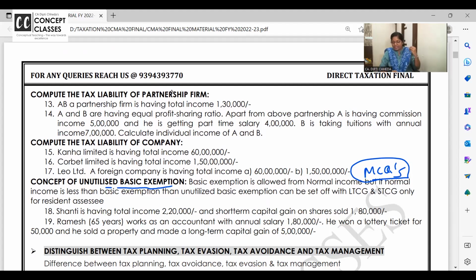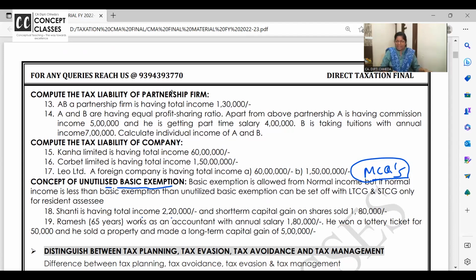Okay, now let us see what is this concept. We all know that on short-term capital gain on shares and long-term capital gain on shares, basic exemption is allowed. So let us take the 18th question as an example, and with this we will solve the problem.